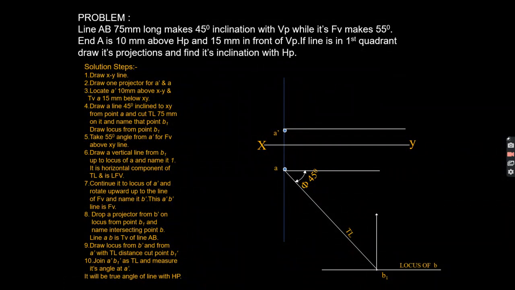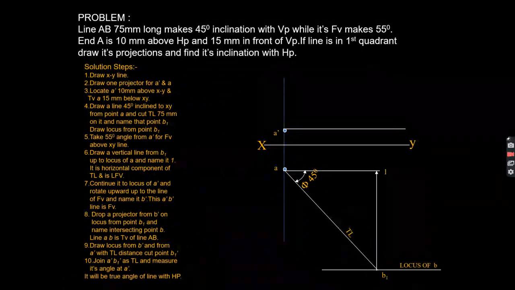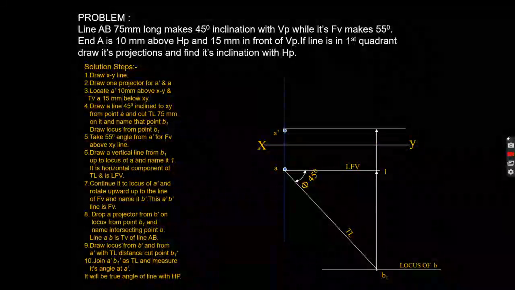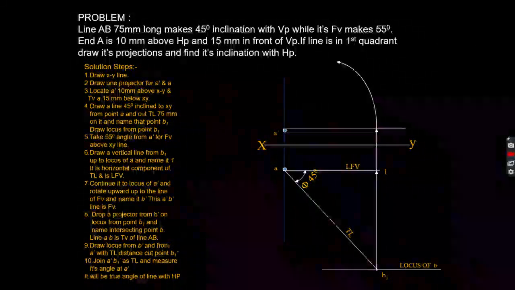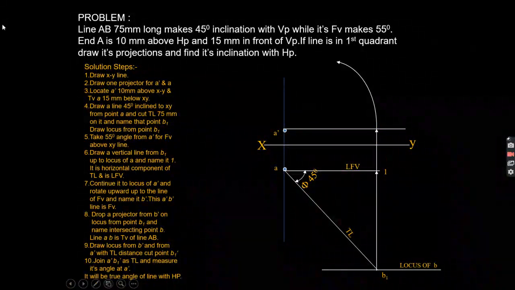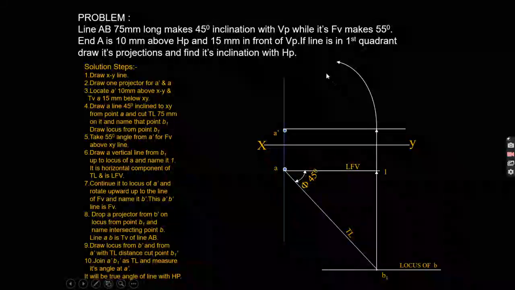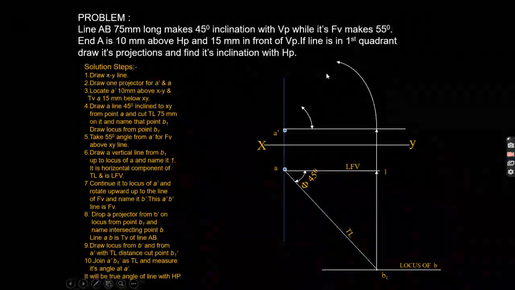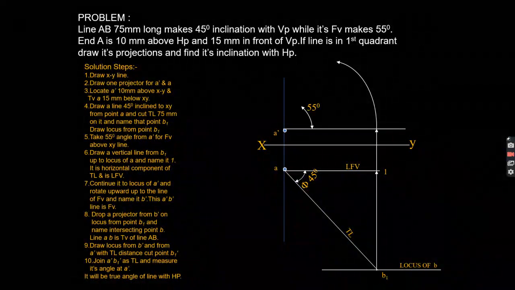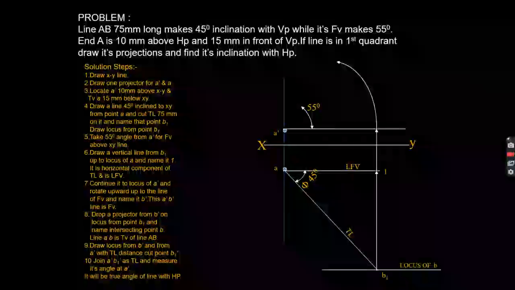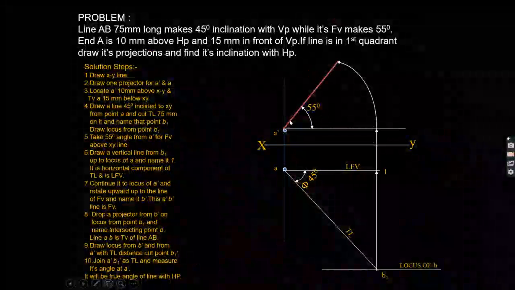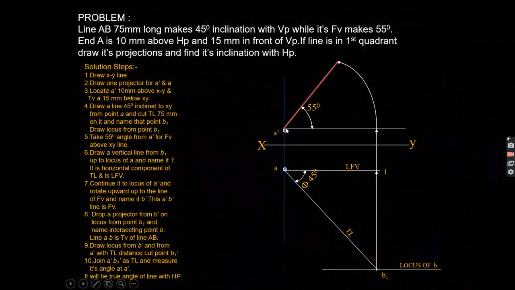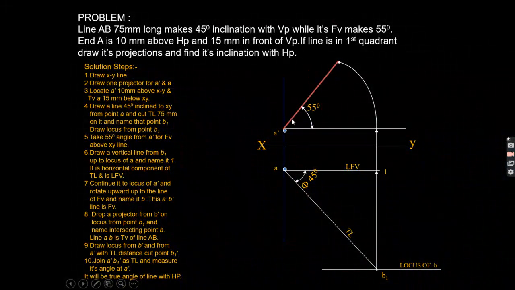Then I will draw the top view of that line, and the front view of that line. I will cut an arc like this, and I will draw the front view of the line that is 55 degrees from the horizontal plane. This length is not known to you.